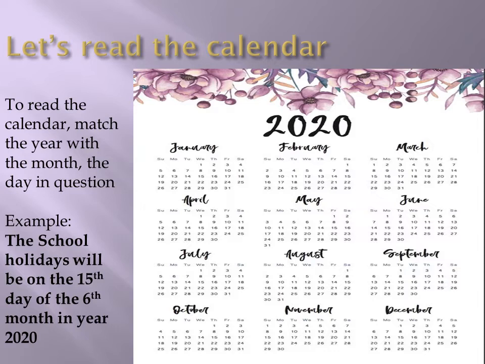Okay, from 1 to 6 represents the first week, even though it's not up to 7 days. Now the second week is going to be from 7 down to 13. That's the second week. The third week begins from 14th and the 15th happens to be in the third week. So what have we been able to do? We've been able to read the calendar correctly.